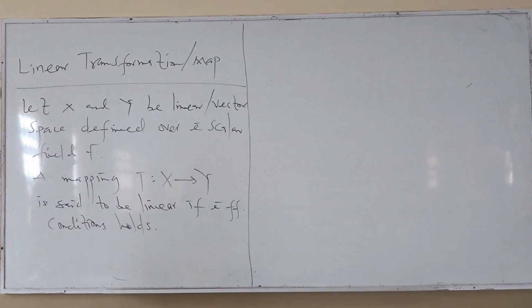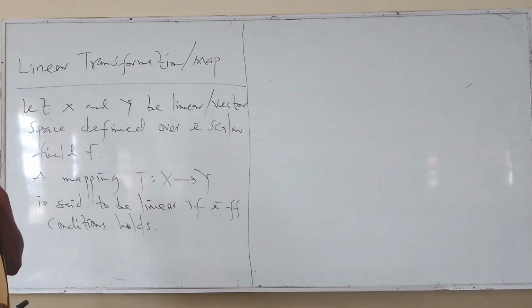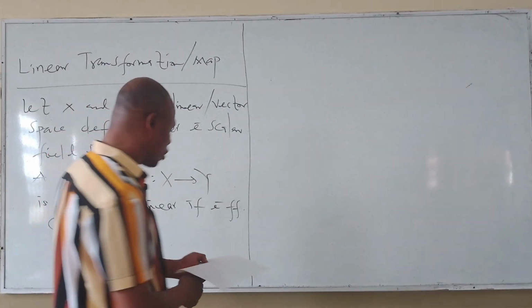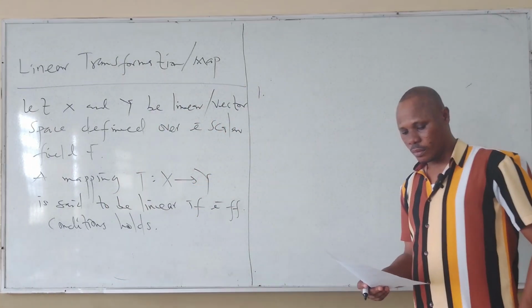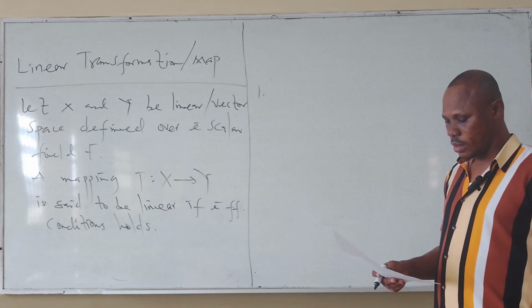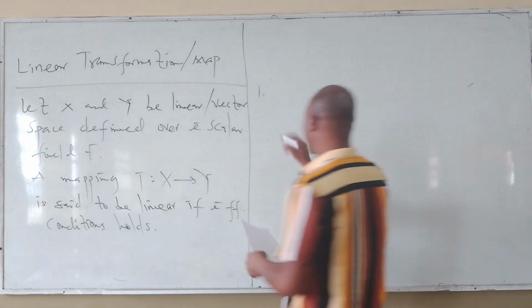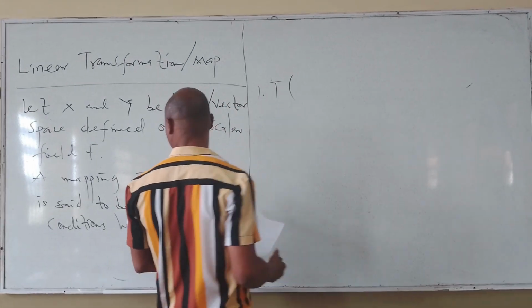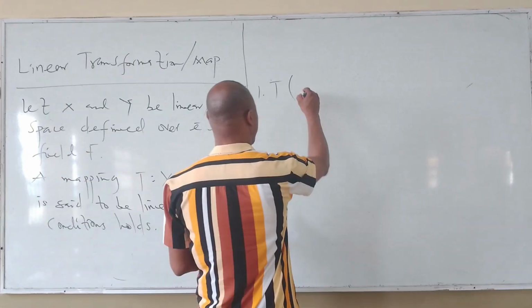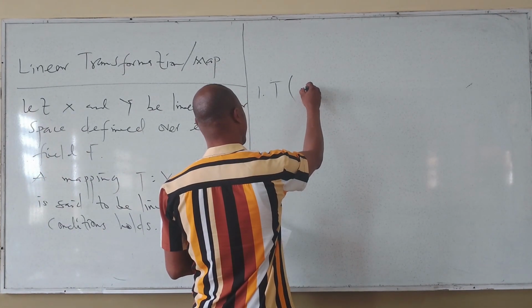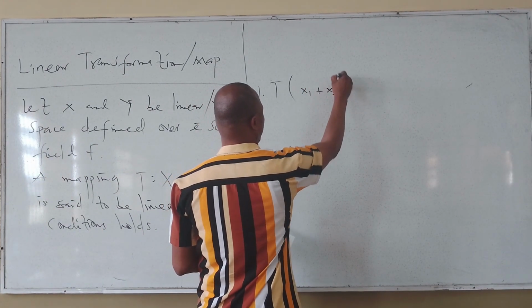Okay, so we realize this is also a condition that must be satisfied before we can call it a linear map or linear transformation. The first one is this: T represents the transformation, right? T of, let's say, x1 plus x2.